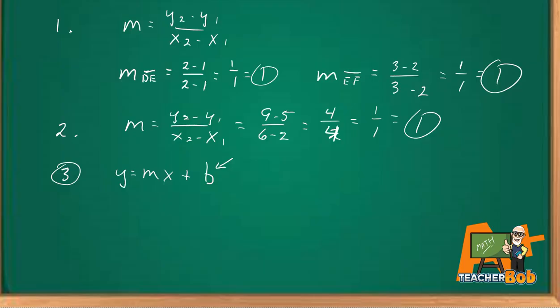B being the y-intercept, and m, of course, we recognize from today's lesson as the slope, and y and x are just any point on a line, and we know that we've got an infinite number of points on a line.